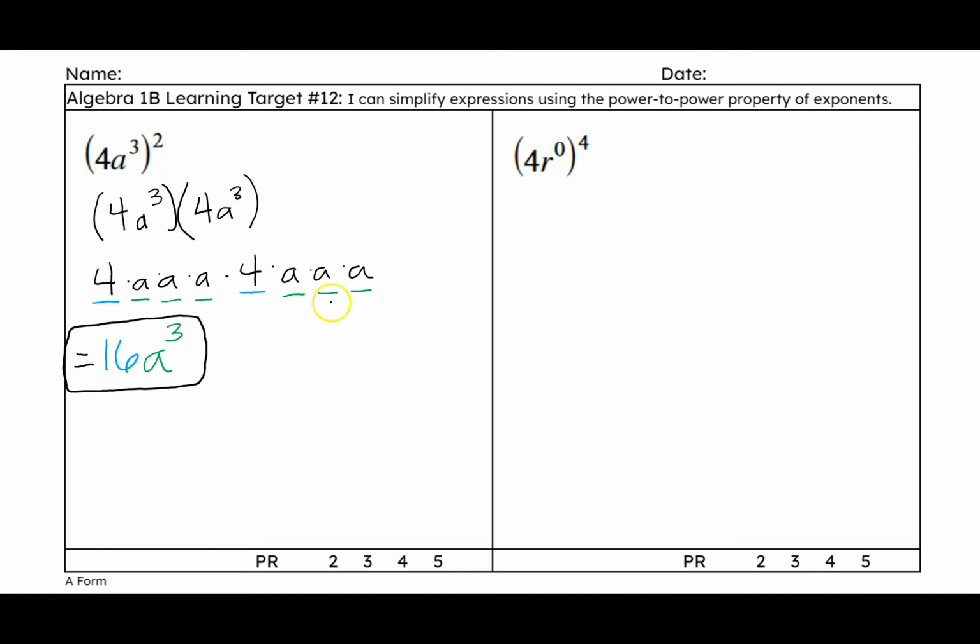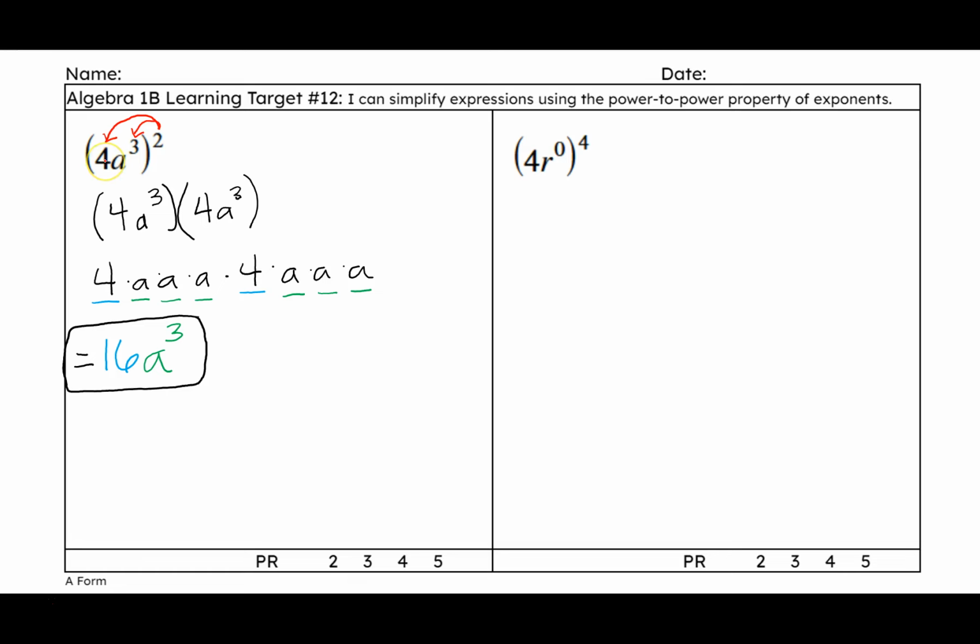So this exponent of 2 here is basically getting applied to every single member inside of this group. It is being applied to the 4 squared, and it is being applied to the a component, a cubed squared.